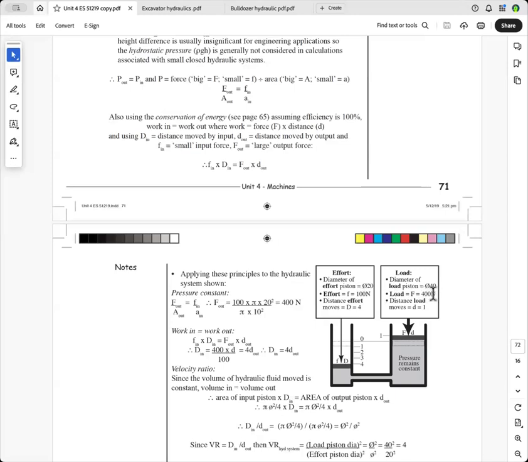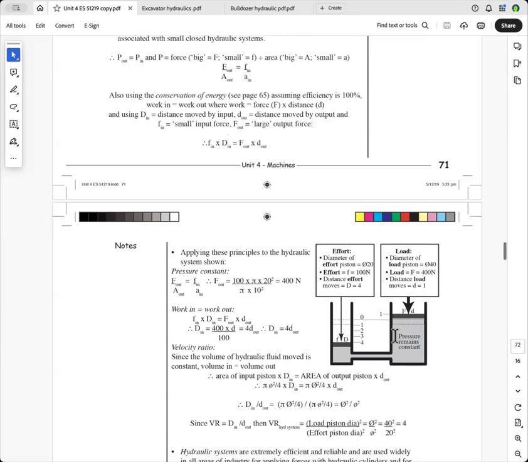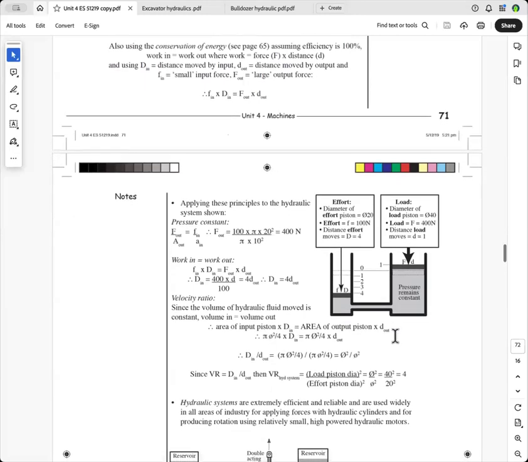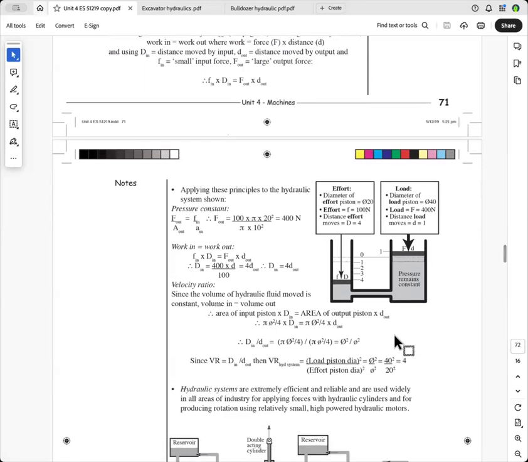You get 4 times the force out, but you've got to move the input force 4 times the distance that the output force moves. And so really you get nothing for nothing. You have to apply this because human muscle is very weak, and we need machines like this to help us.